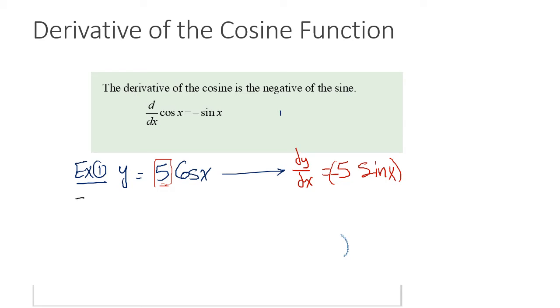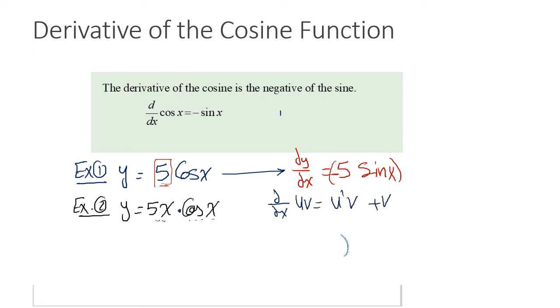But notice that in example 2, if y is equal to 5x cosine x, then I have to use the product rule, as 5x is a function in terms of x and cosine x is another function. So for the product rule, d by dx is u dash v plus v dash u.